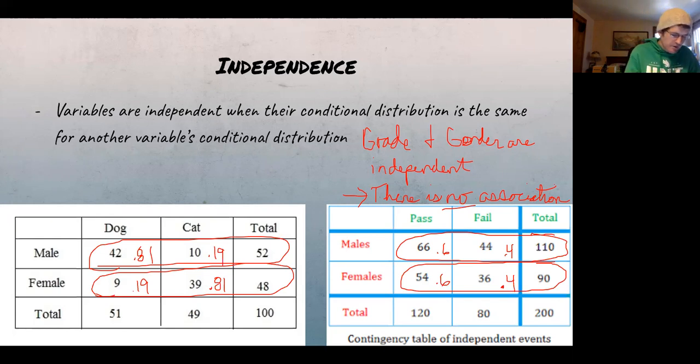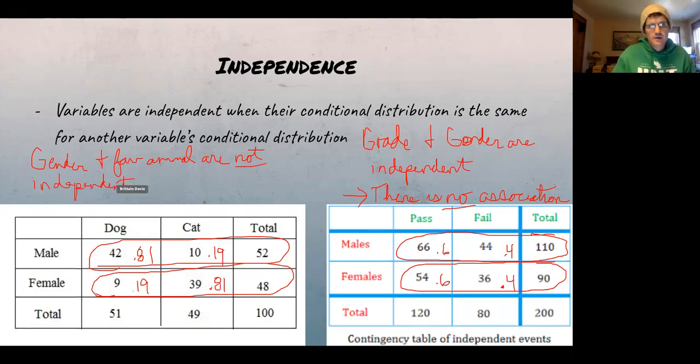So what we could say here is that gender and favorite animal are not independent. This is the way that we say it. We don't say that they're dependent. We say that they're not independent. And that means that there is an association.